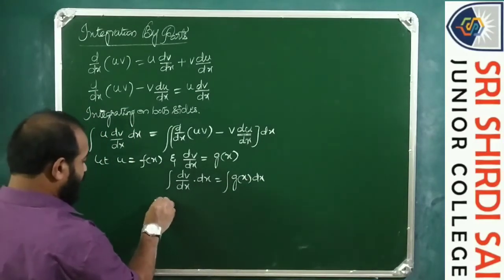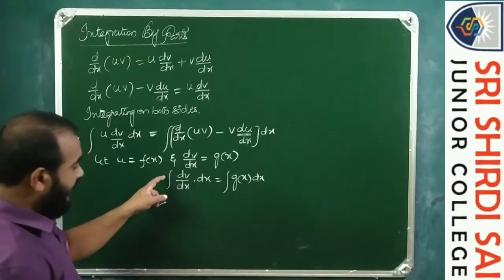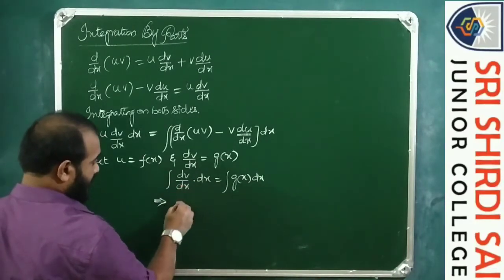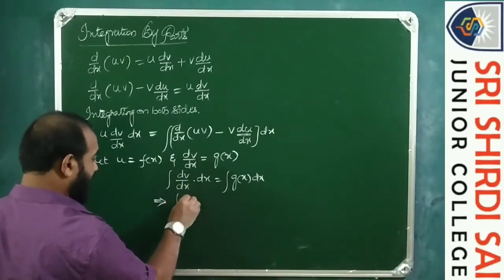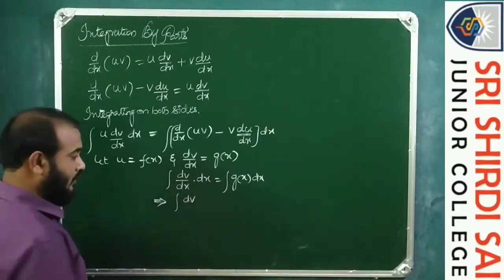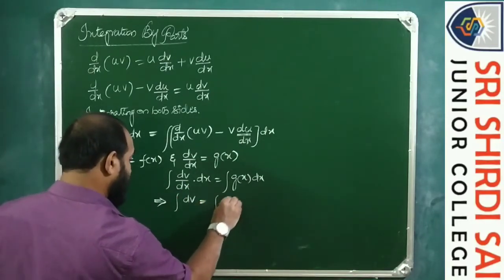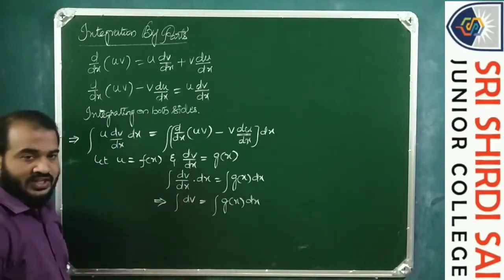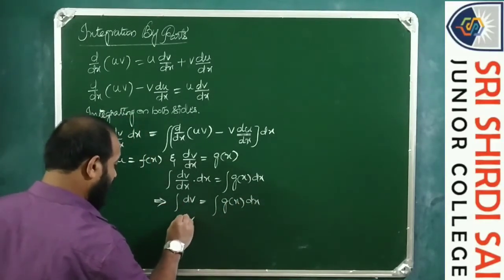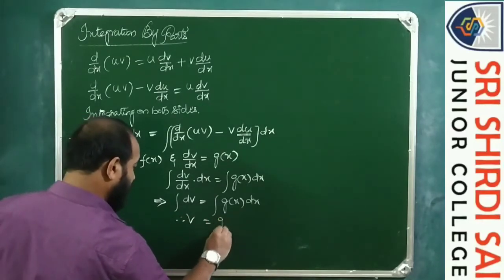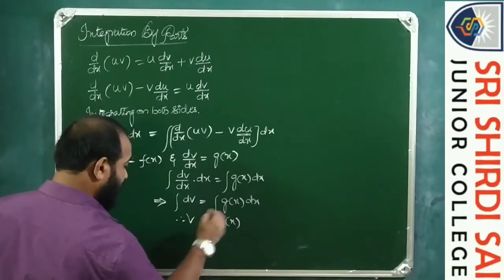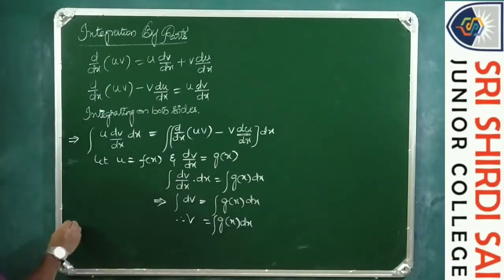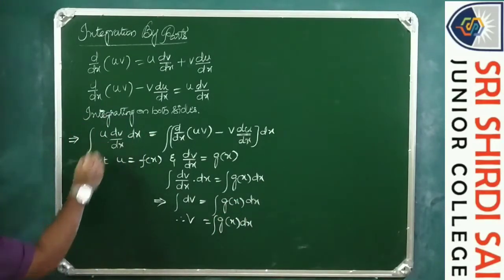The integral of dv by dx into dx is nothing but the integral of dv, which equals the integral of g of x dx. Integral of 1 dv is v. So therefore v is equal to the integral of g of x dx. Let us continue from here.